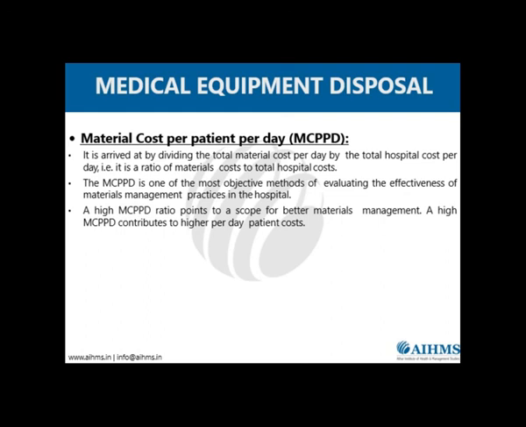MCPPD is one of the most objective methods of evaluating the effectiveness of materials management. The higher the MCPPD ratio, the better the scope for better materials management, and if it is on a higher side, then things are always in your control.